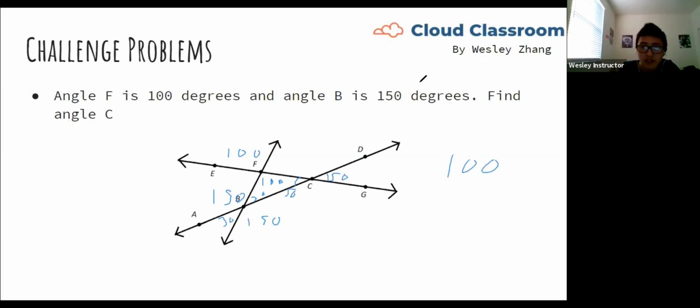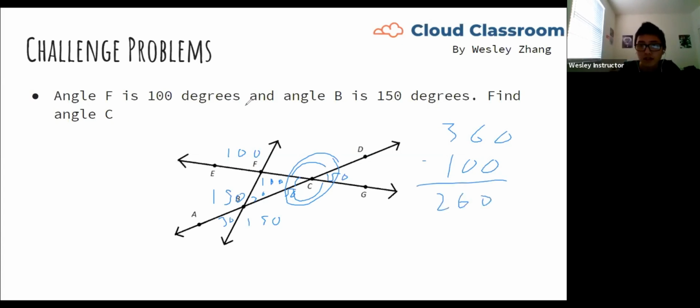But we know this angle here and this angle here are vertical angles, and these all add up to 360 degrees. So this is 360 minus 100 equals 260.